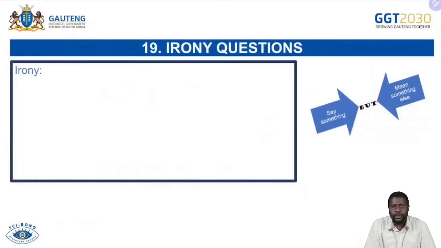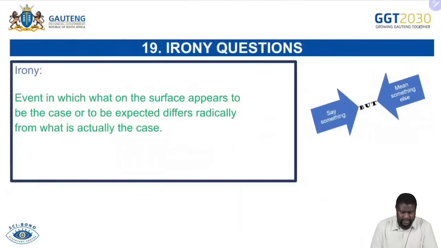Now, the irony question. Irony is when you say something but mean something else, or when the opposite of what is expected is true or happens. When one thing is said but another thing is meant or happens, that is ironic.